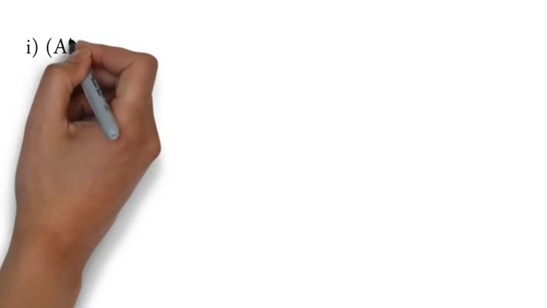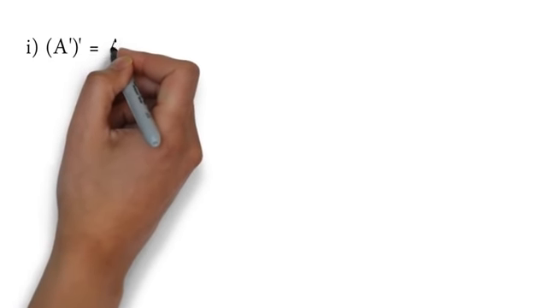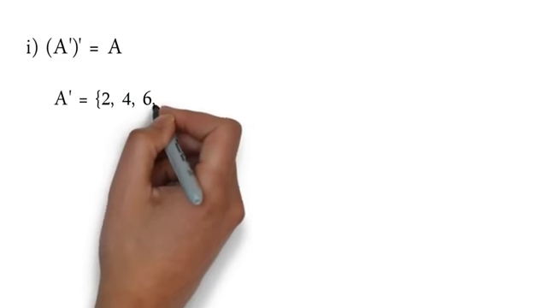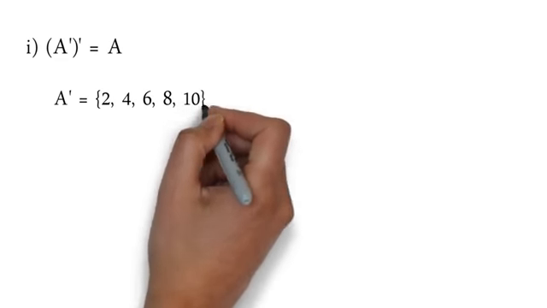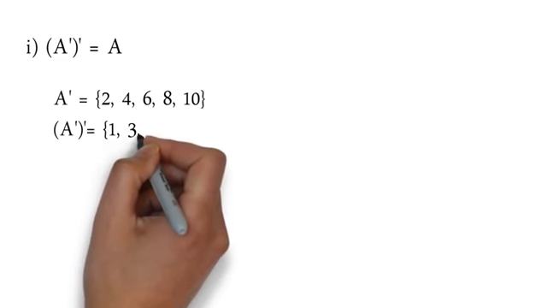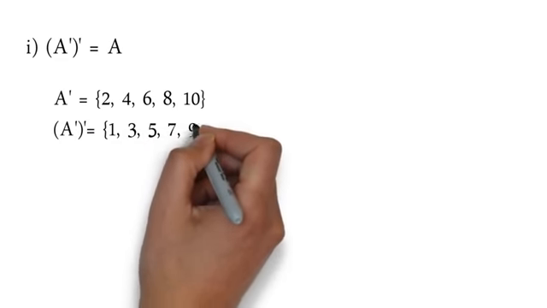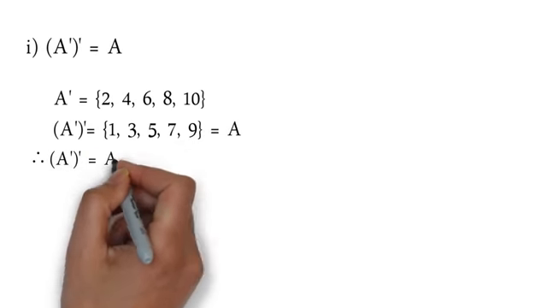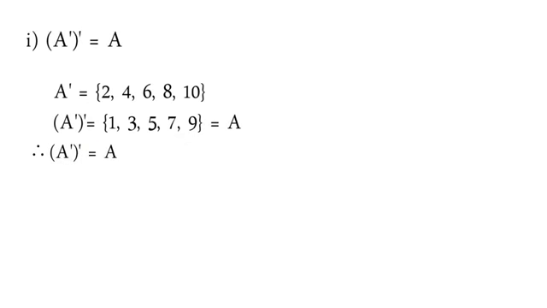First, complement of A complement is equal to A. A complement contains the elements 2, 4, 6, 8 and 10. Complement of A complement contains the elements 1, 3, 5, 7 and 9. Therefore, complement of A complement is equal to A.